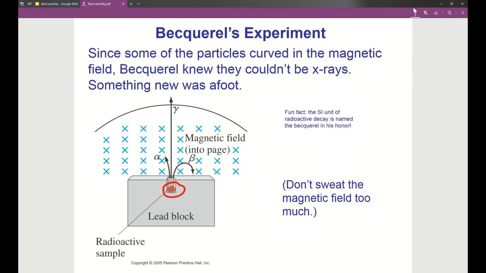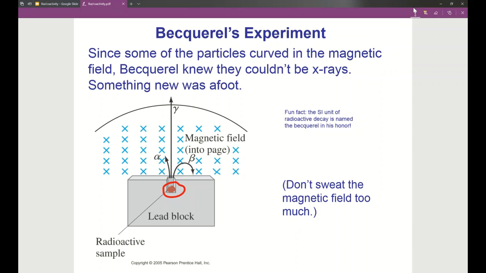Now, the special part about the magnetic field was that if there were any light rays or X-rays coming out of it, as the previous attitude had predicted, then they wouldn't be bent by that magnetic field. But if this radioactive decay had some kind of electric charge, then it would be bent a little bit. And that's exactly what he discovered: once this radioactive sample decayed, various kinds of particles were bending when he put them in this magnetic field.